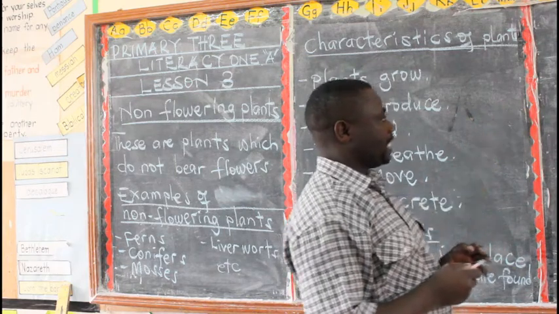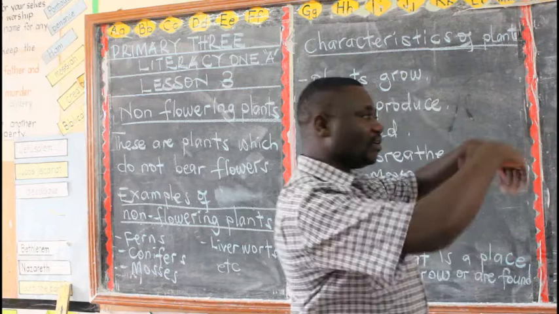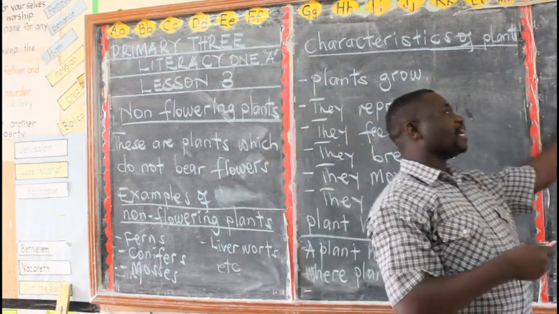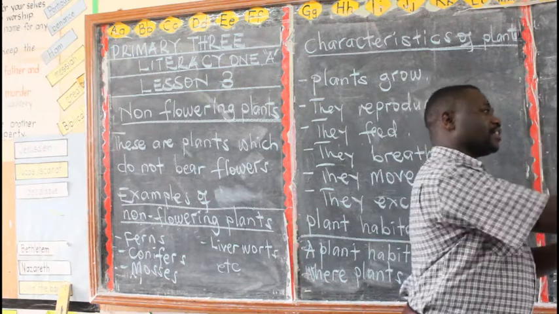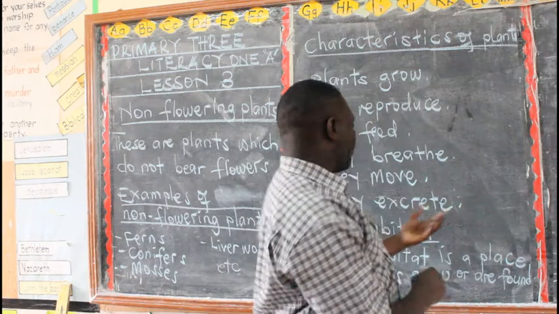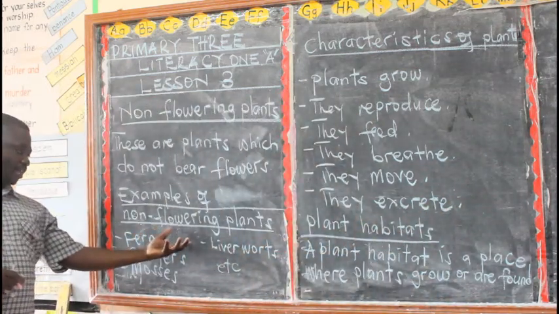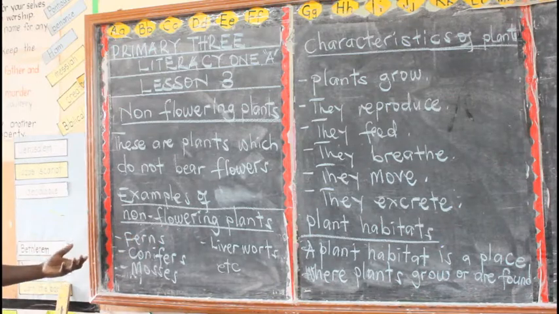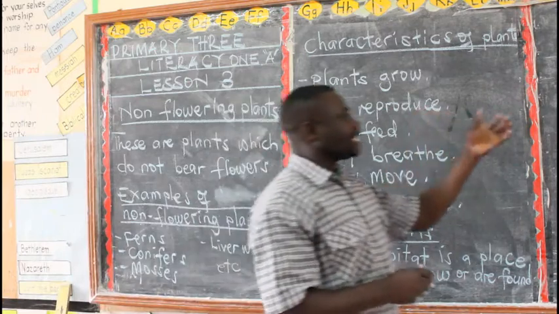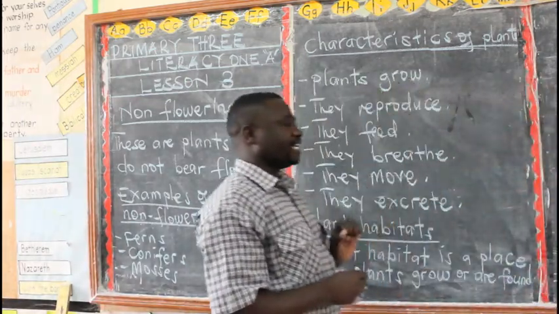What do I mean by that? Here is where you find a log of a tree which was cut some time back. So now it is rotting. When that log continues rotting, then these non-flowering plants, examples of them, the likes of mosses, conifers, liverworts, you will see such things growing and they are green in color.